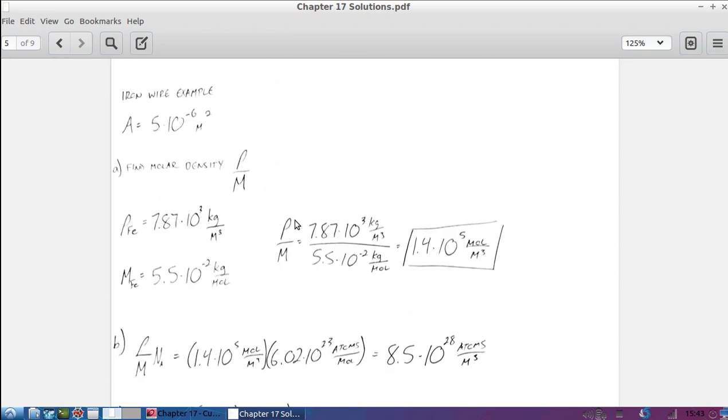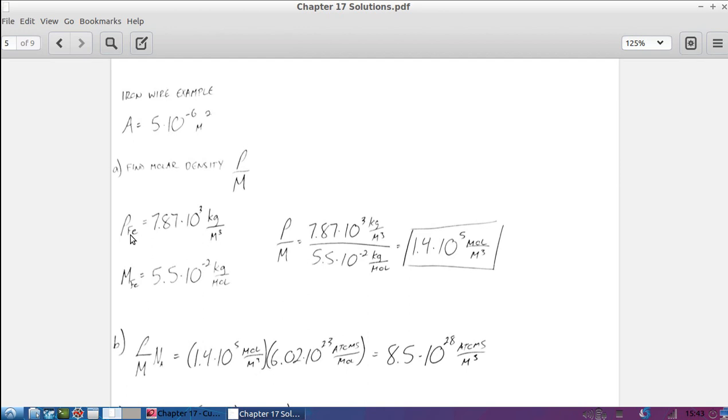So the first thing I'm going to do is look up my density for iron. So notice for density I use a subscript of the element, or the alloy, whatever it is. And the reason I do that is we're going to use rho for something else later on.